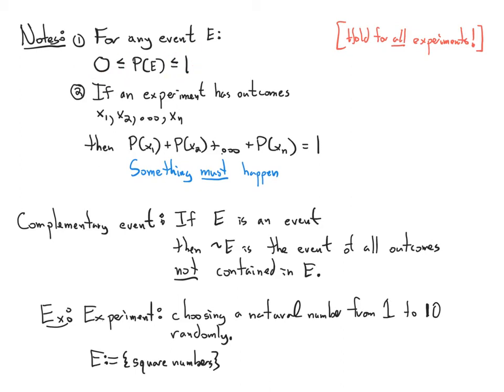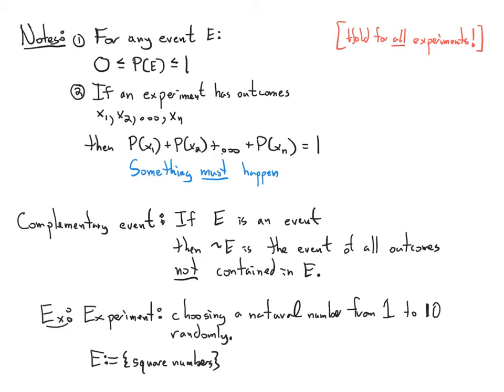Of course, remember 0 means that the event will never happen. 1 means that the event always happens, and any number in between gives a measure of the likelihood of that event occurring.